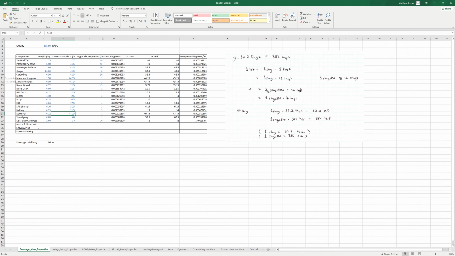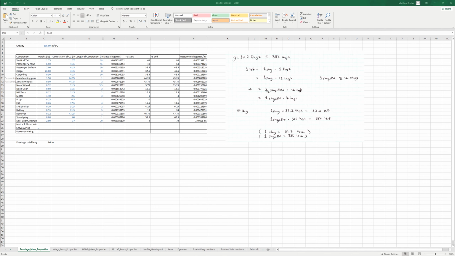Now, whereas in the design in SolidWorks I use the origin as the target CG, here I'm using the front of the propeller as 0 fuselage station. That's because the actual CG that we calculate here is not necessarily at the target location. So we're calculating here, and also it's easier to deal with this dimension if it's always positive. Now we're approximating the mass distribution of each component as evenly distributed along its length.